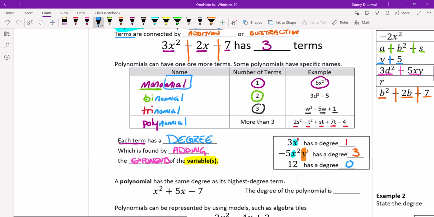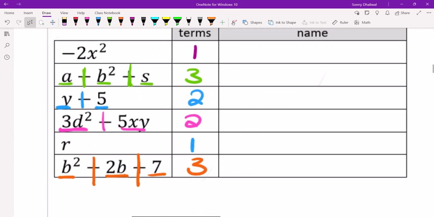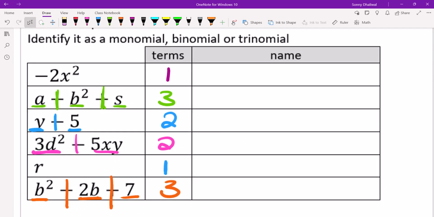All right. So let's backtrack because I'm going to go back and forward here, trying to keep all these things fresh in your mind. Okay, let's go back to here. Let's finish off this table here. Names. So we already figured out how many terms there are. If something has one term, Gavin, what is it called? Mono. Then the nomial part.